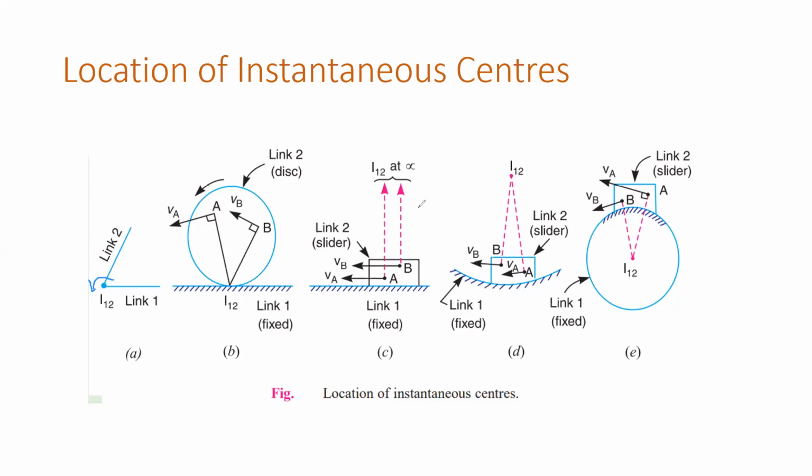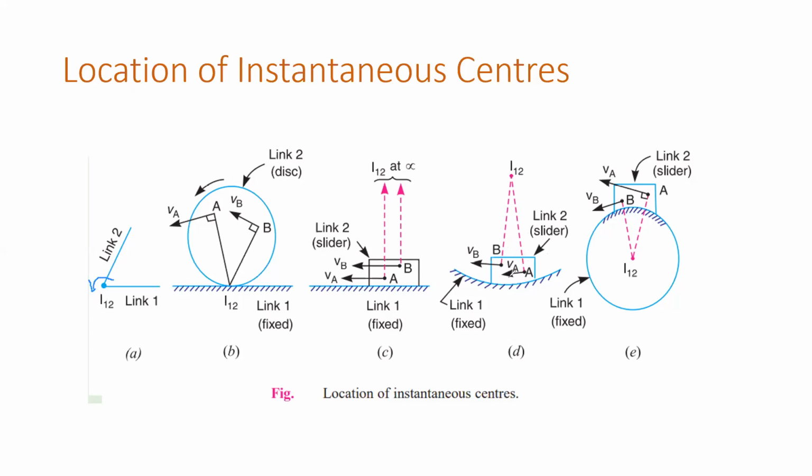Okay. Then coming to the next case D, where link 1 is a curved path, and over this curved path, this block is sliding like this. So as the block is sliding in a curved path, we will say that the block is rotating about some center of rotation.